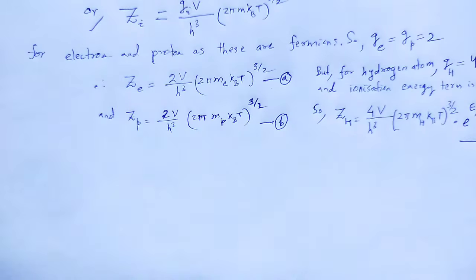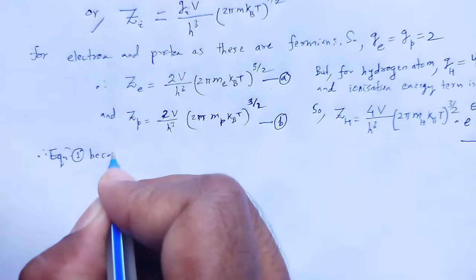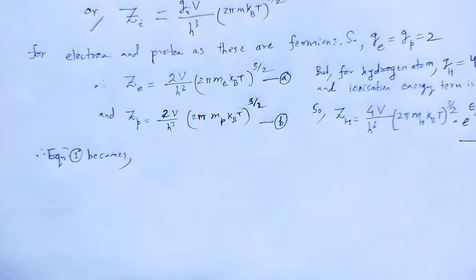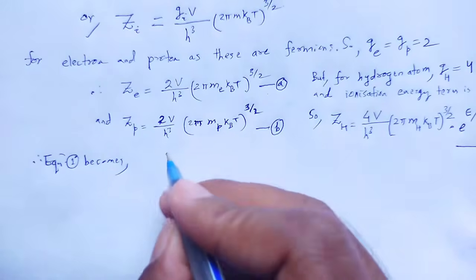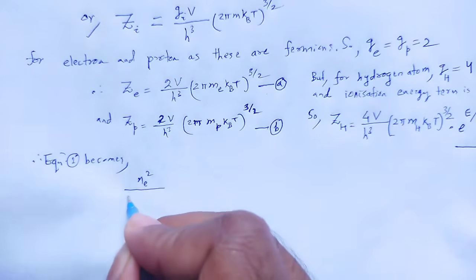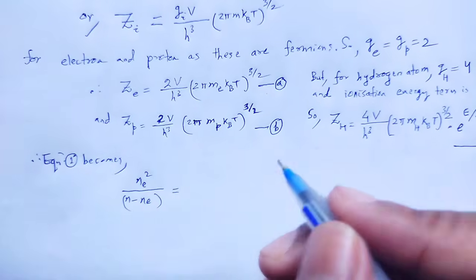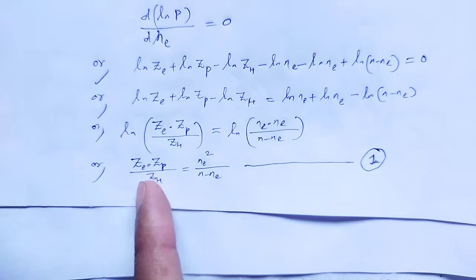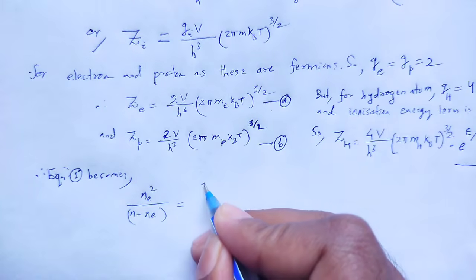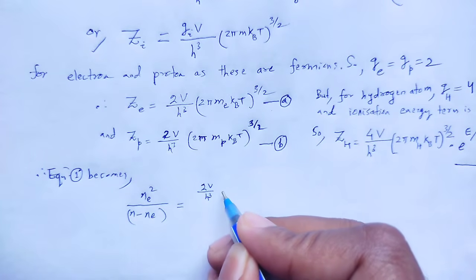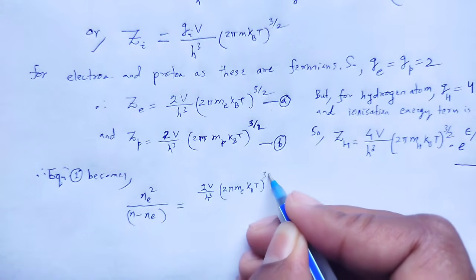Therefore, equation 1 becomes n_e square divided by n minus n_e is equal to Z_E into Z_P divided by Z_S. The value of Z_E is 2V divided by h cube, (2π m_e k_B T) to the power 3/2.